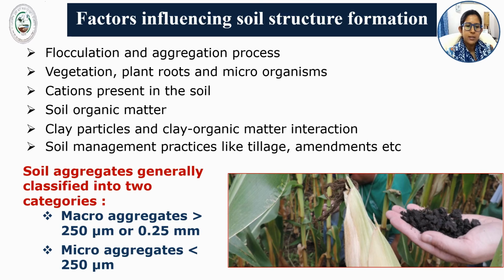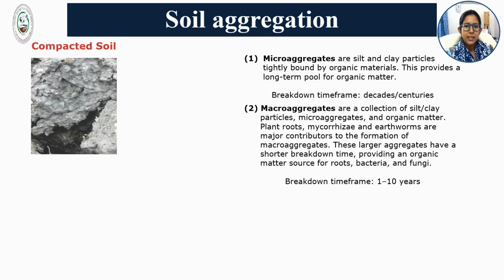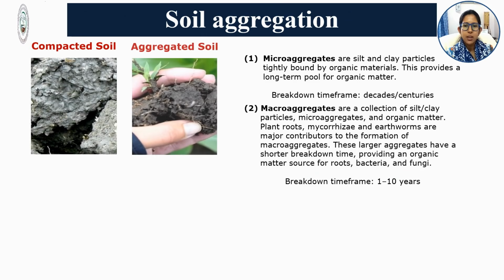The micro aggregates result in better protection of the soil carbon, whereas the macro aggregates increase the infiltration rate. And the microorganisms, particularly mycorrhiza, have an important role in formation of the macro and micro aggregates, and formation of stable aggregates is an important prerequisite for sustainable soil management.